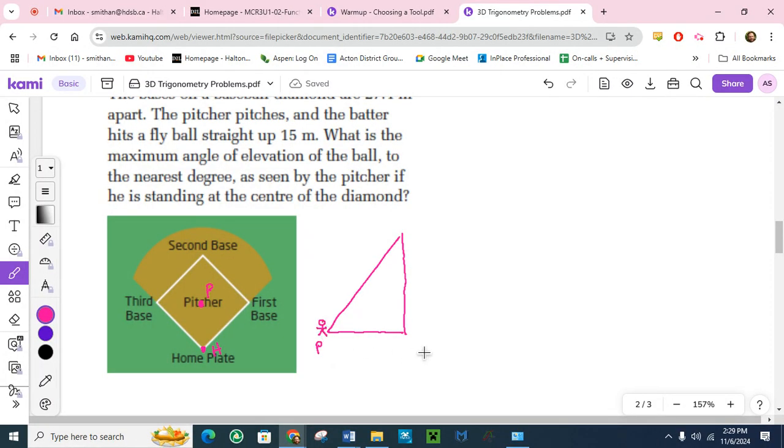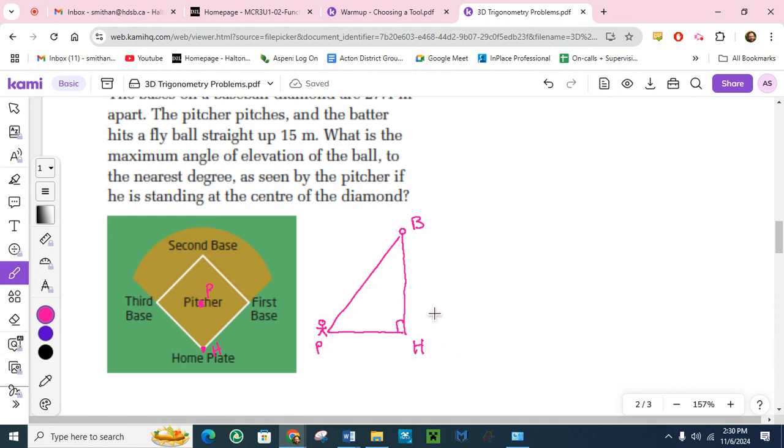There's home plate. I was going to draw a blue person for an umpire, but I'll just leave it as it is. And I'll maybe draw a little ball up there too. How's that for a ball? That's a nice circle.